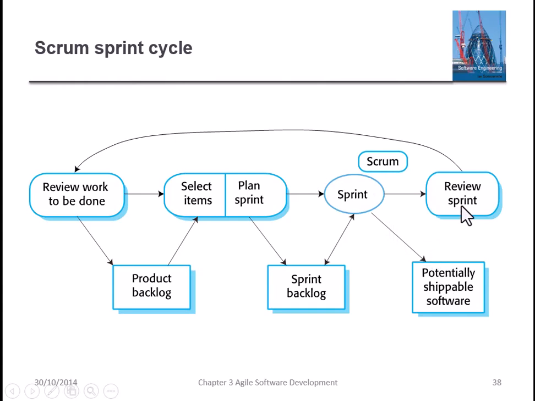And then we review the sprint after negotiation with the customer, and if any rework is required, we go back to this phase, and then we proceed with this cycle again and again.